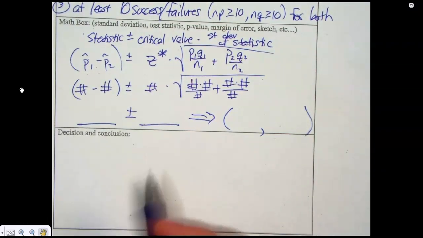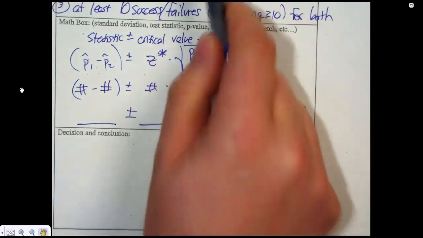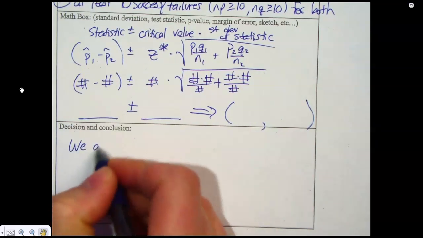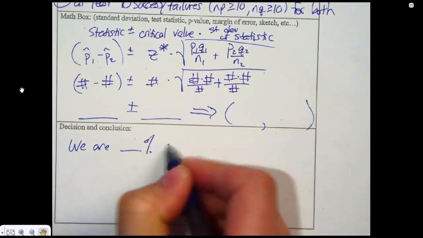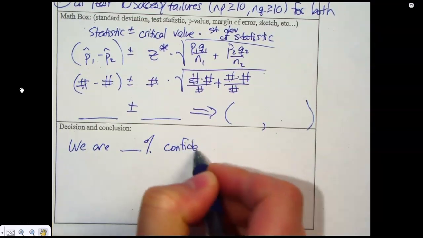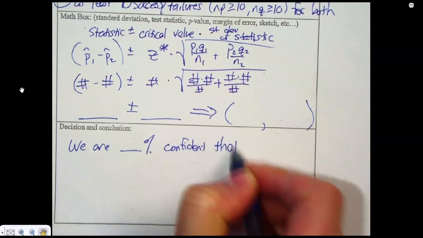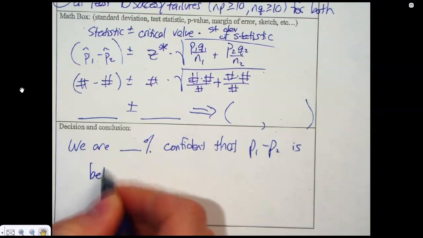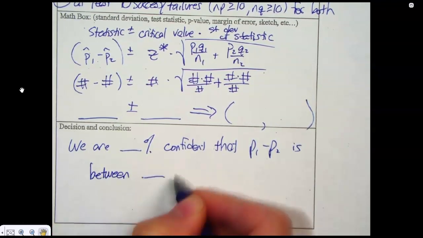And then at the bottom, before I used to say we want to estimate the true population, whatever, we are 95% confident of the true population difference in the blah blah blah context. Well, now that I've labeled P1 and P2, it's a lot shorter. I can just say we are blank percent confident that P1 minus P2 is between blank and blank.